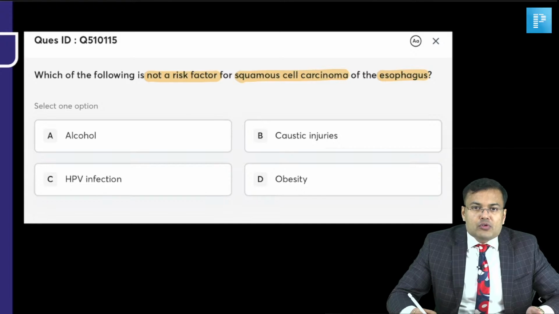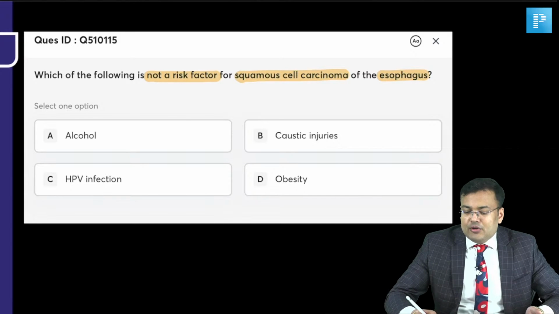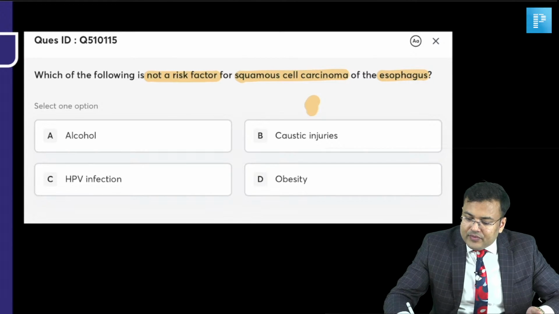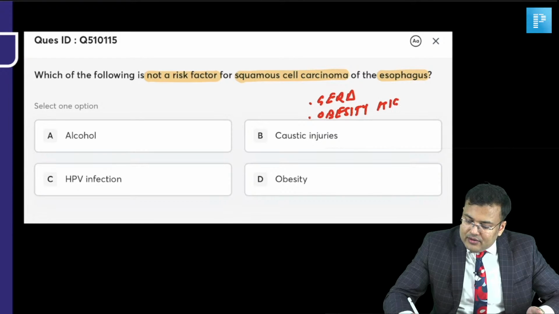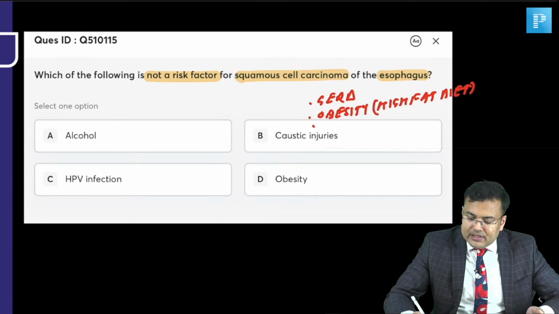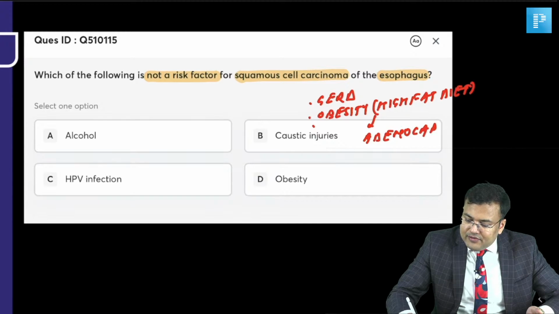So one of the most important risk factors for adenocarcinoma is GERD. What's the risk factor, guys? It is gastroesophageal reflux disease. So anything which promotes reflux, like obesity, like high fat diet, clear? Patients who are suffering from Barrett's esophagus or scleroderma, all of these are risk factors for adenocarcinoma.